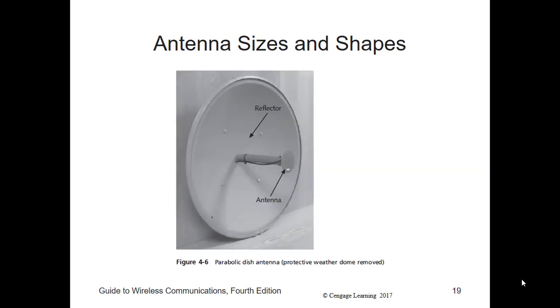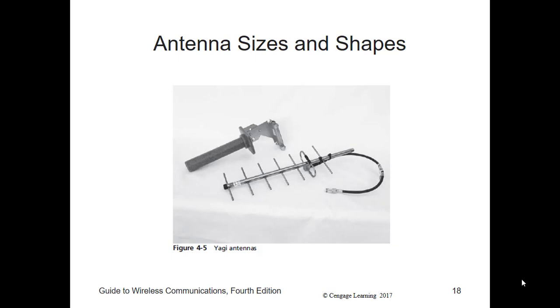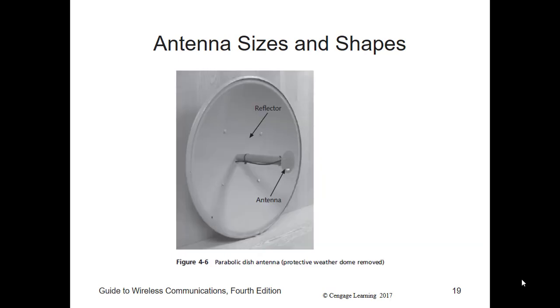This figure here shows two different models of Yagi antennas. You'll see that it is not always easy to tell which type of antenna it is just by looking at how it looks. And then this one here shows what we call a parabolic dish antenna.